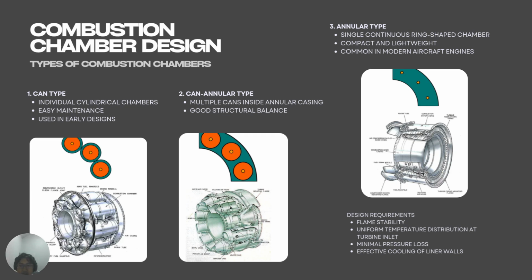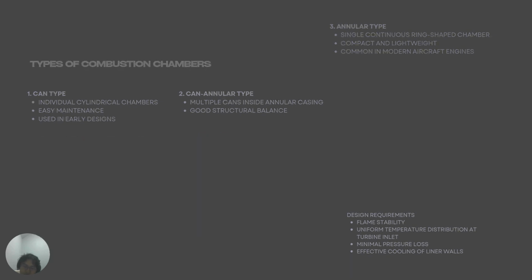A key design objective is to ensure uniform temperature distribution at the turbine inlet. An uneven temperature profile can cause thermal stress and reduce turbine life. Additionally, advanced liner cooling techniques such as film cooling are used to prevent material failures under extreme thermal loads.